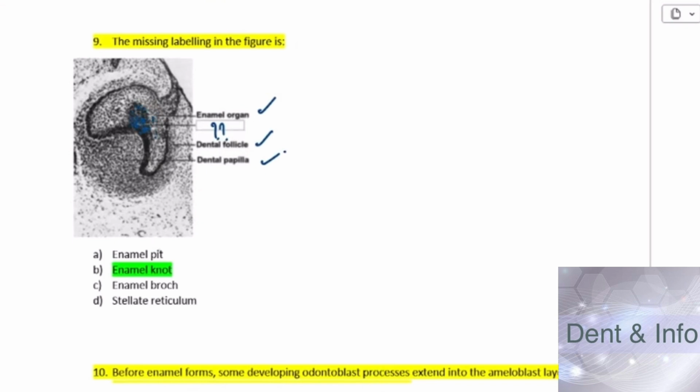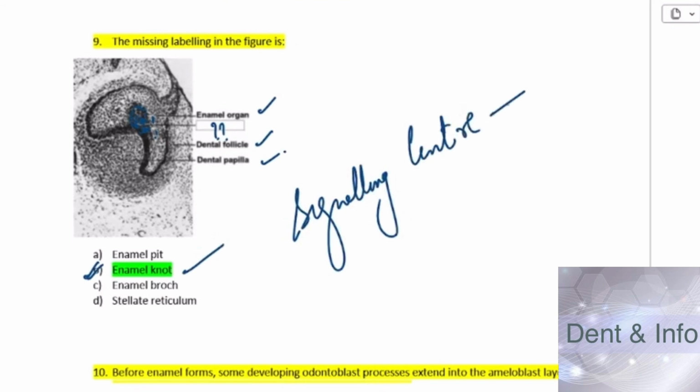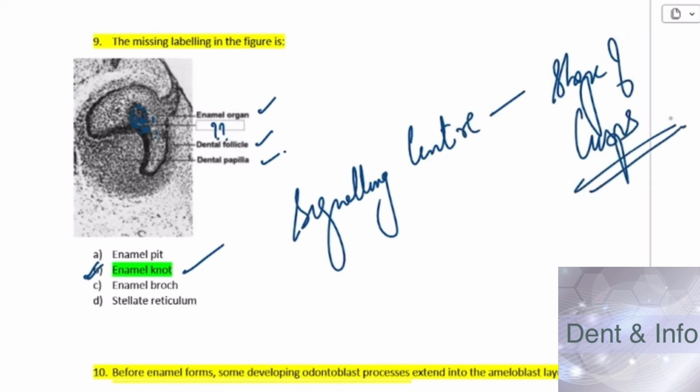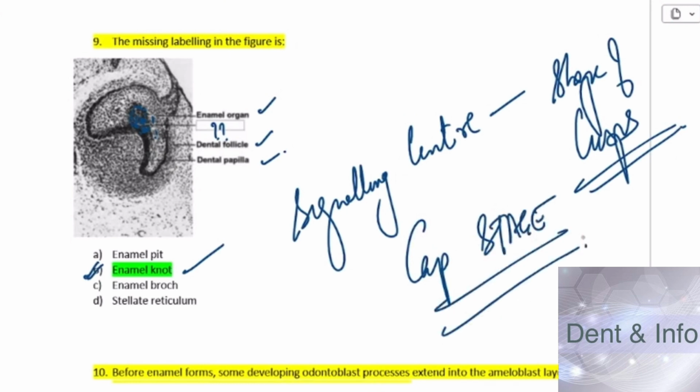So the closest answer is enamel knot. This acts as a signaling center, especially it controls the shape of the cusp. So that's a diagram for the enamel knot. That is a transient structure exclusively seen only and only in the cap stage, right?